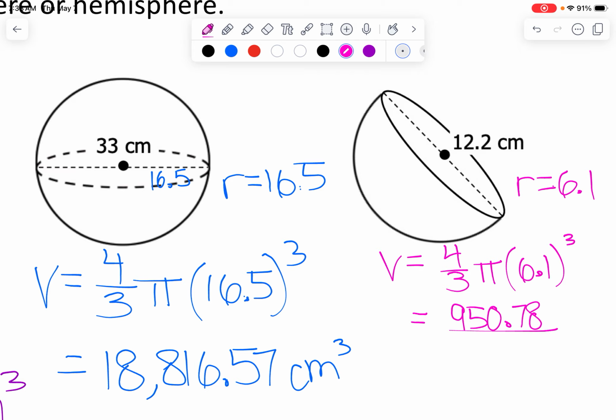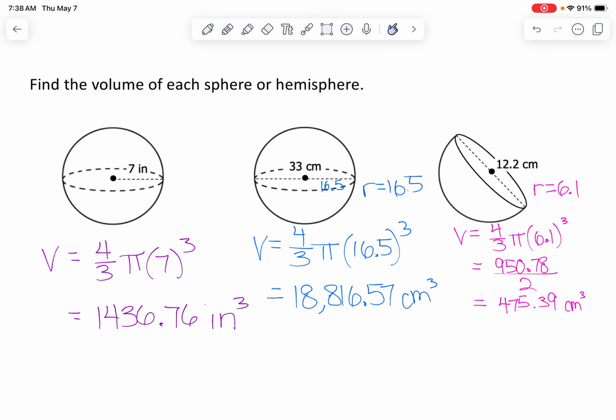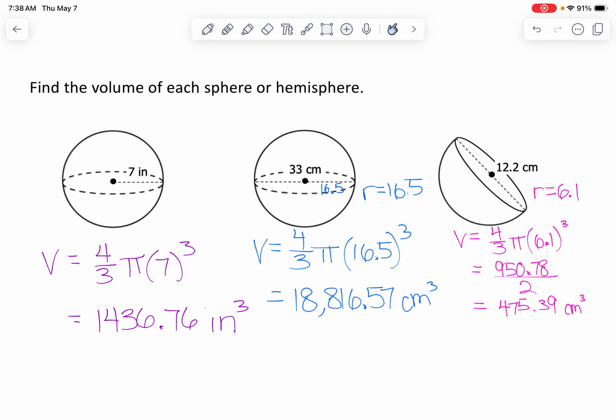You're going to cut that in half because we want only half of the volume. And this is also in cubic centimeters. And that's really it for spheres and hemispheres. Pretty simple formula to use.